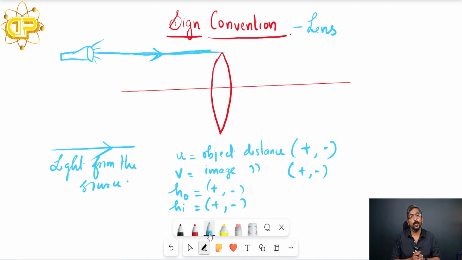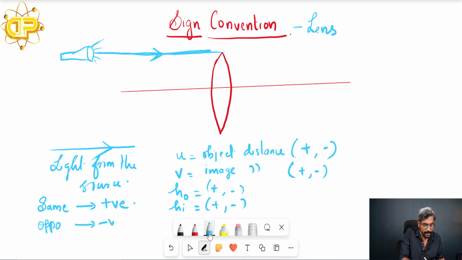For that reason we are going to assign the values. So all the attributes or values that we need to know, the same direction will be given as a positive value, and the opposite direction will be given as a negative value.